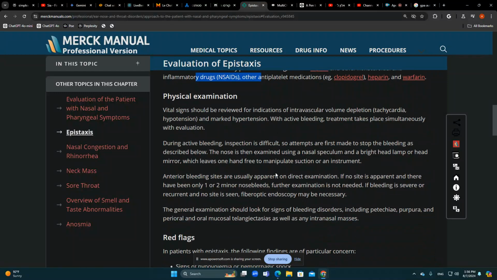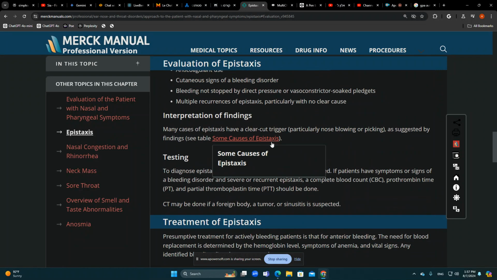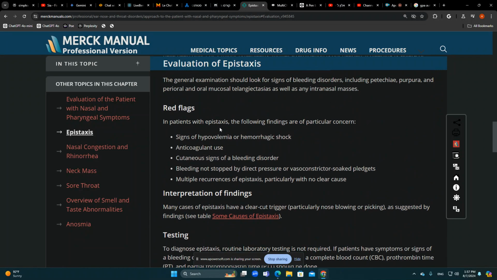Okay, so physical examination: try to identify where the bleeding is from. Of course, when the patient bleeds it will be hard, so the treatment and the evaluation should be done concurrently. Red flags are severe signs: signs of hypovolemia, anticoagulant use, cutaneous signs like telangiectasias, bleeding not stopped by direct pressure, and multiple recurrences, which hint at a potential cause like a coagulation disorder.